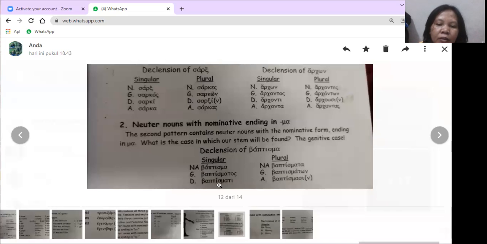Dative singular, in the ending mati. Dative plural, in the ending masin, or masi, and we can use it with or without the n. We have the same meaning.